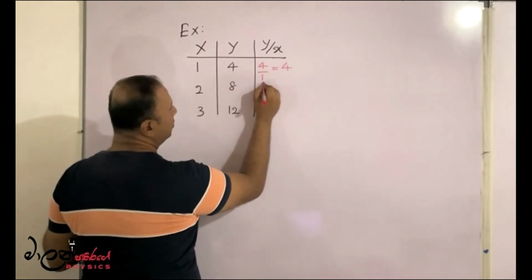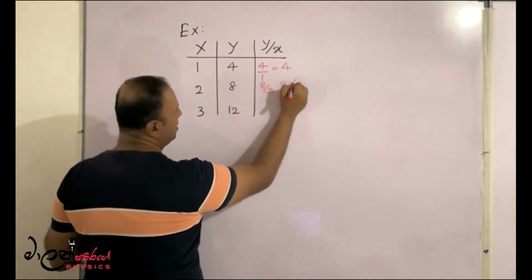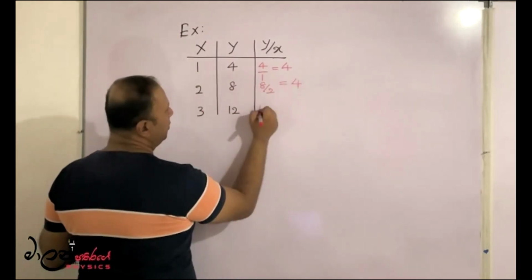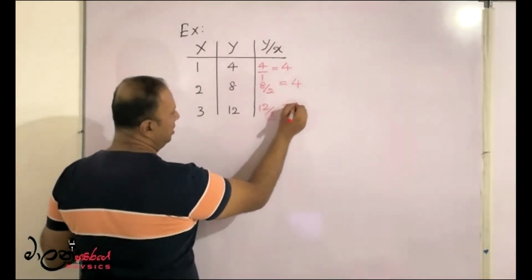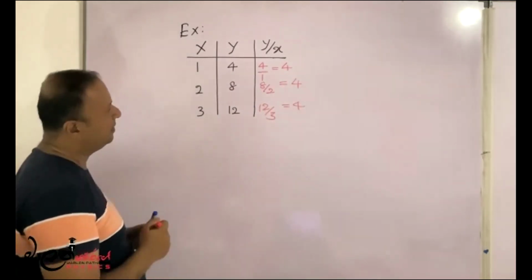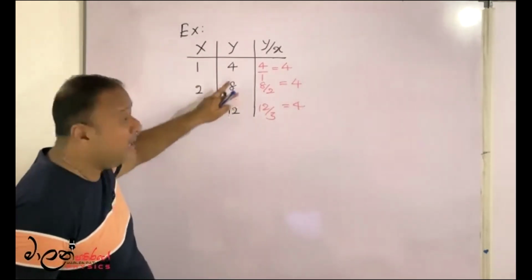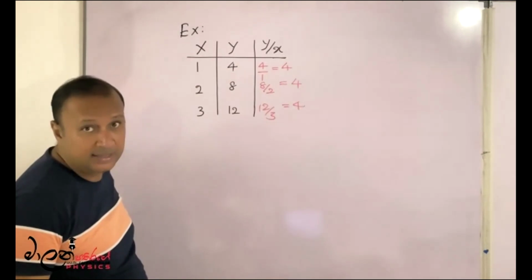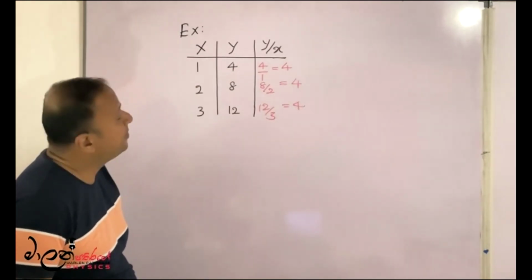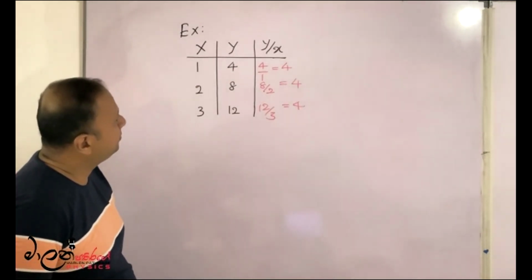Then 8 over 2 is again 4. Then 12 over 3 is again 4. Therefore, you can clearly see in this case y over x is a constant.